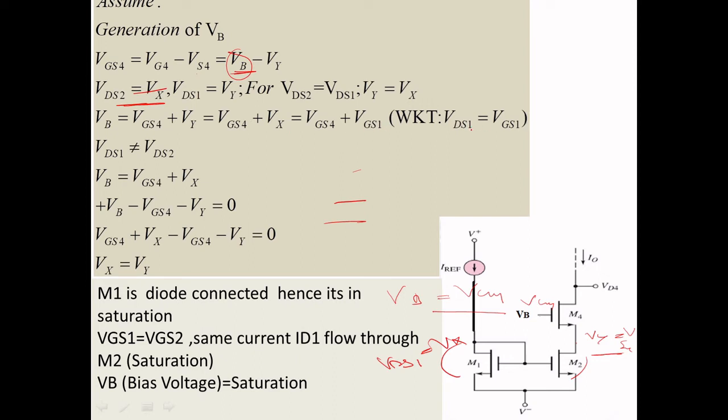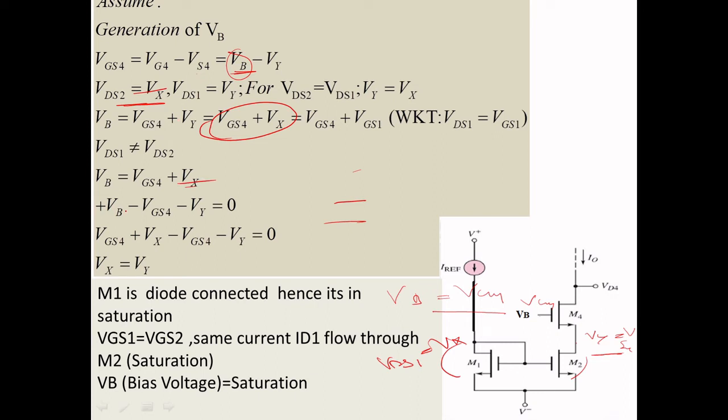We know that VDS1 is equal to VGS1 because both are shorted, and that too in the saturation condition. Now we have made all the assumptions and found that your bias voltage should be VGS4 plus Vx. I hope it was clear. So, VGS4 plus Vx.